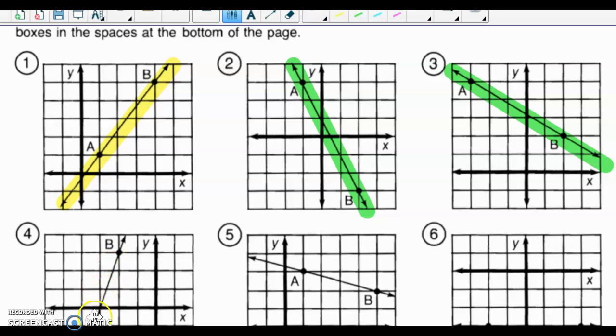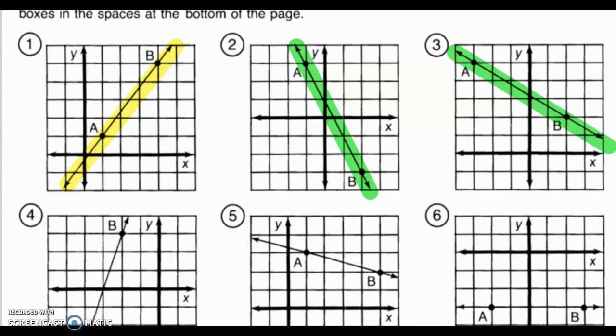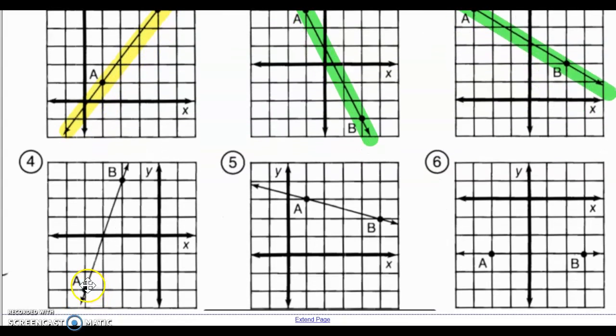Number 4 is going to be positive. Number 5 is going to be negative. And number 6 is going to be a flat line, 0 slope.